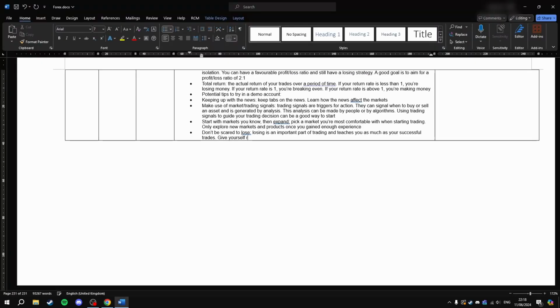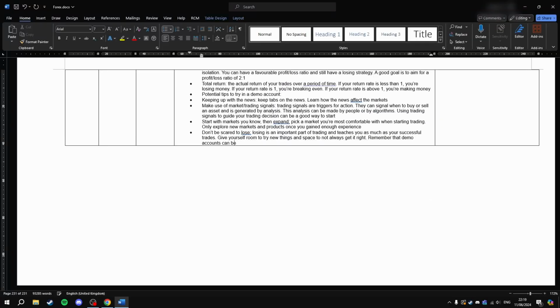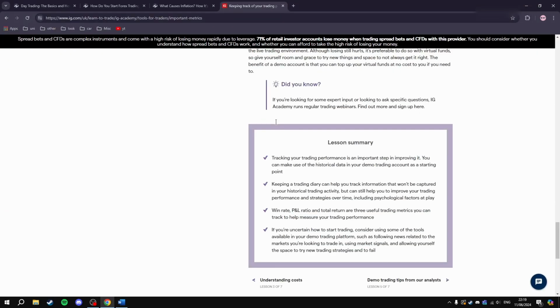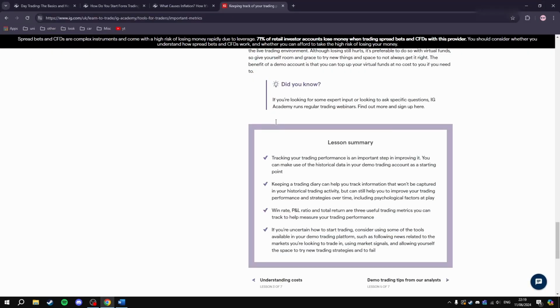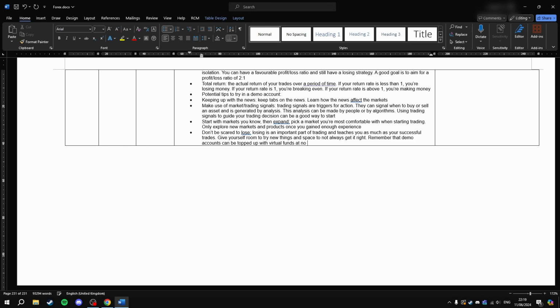Give yourself room to try new things and space to not always get it right. Remember that demo accounts can be topped up with virtual funds at no cost to you if you need to.